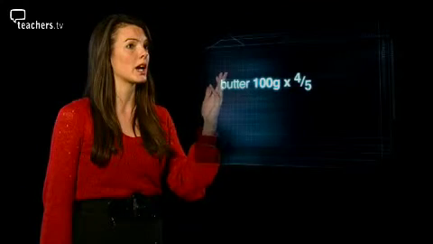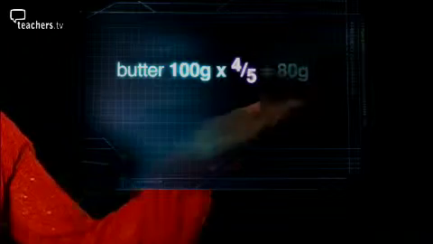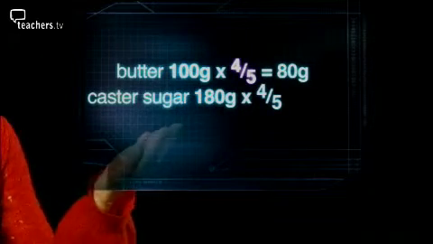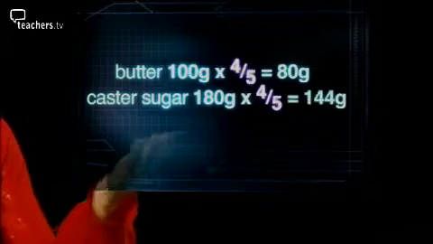So going through my list, we have 4/5 of 100 grams of butter, that gives us 80 grams, and we've got 4/5 of 180 grams of caster sugar, which gives us 144 grams. Now I'm going to leave Dave to work out the rest of those because it was he that created the problem.